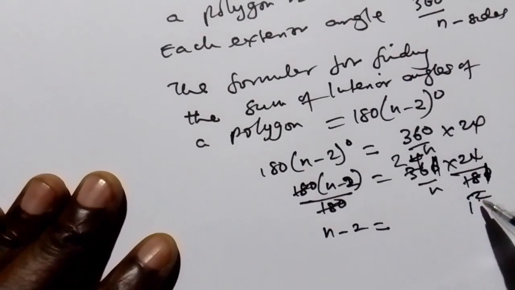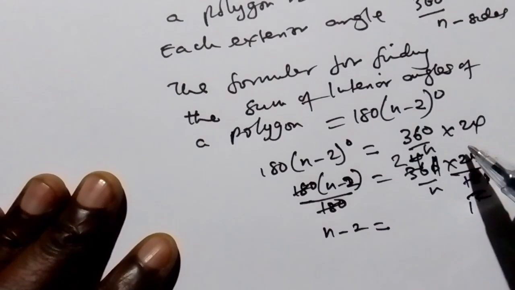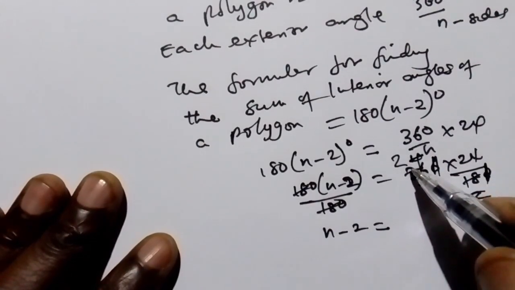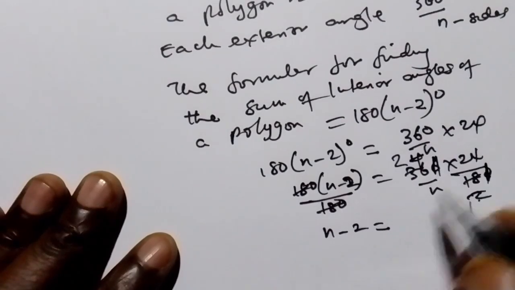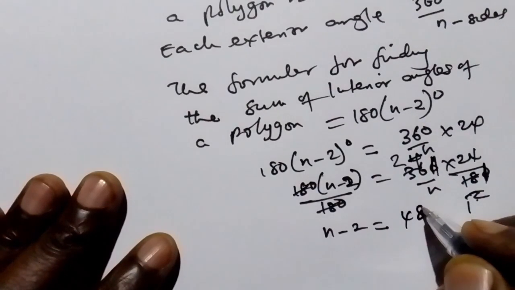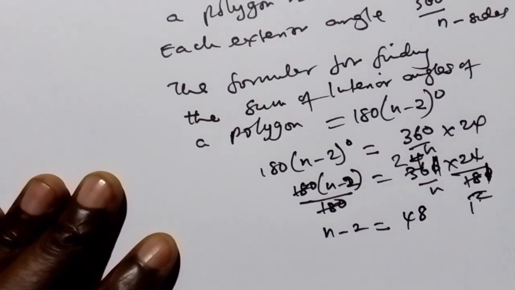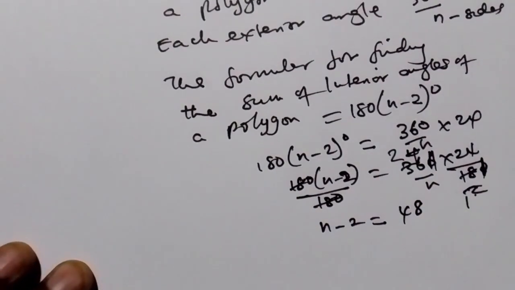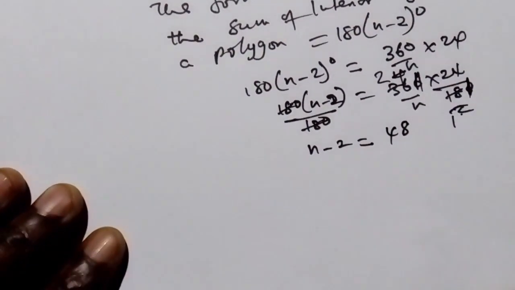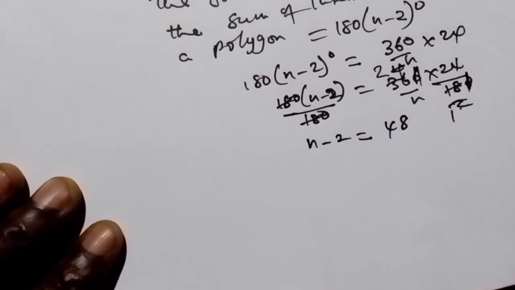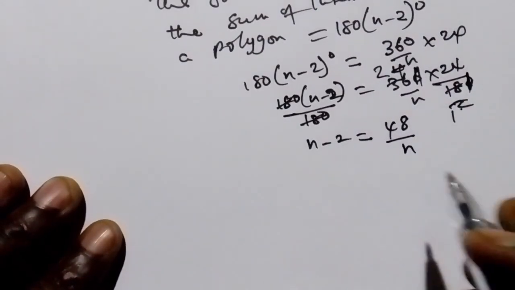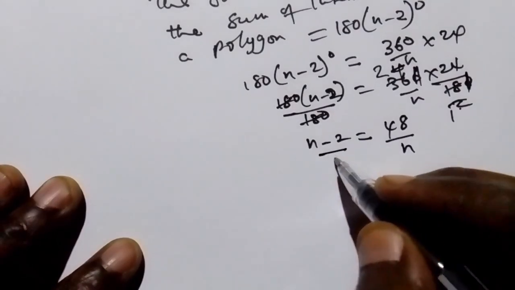Then 2 goes into 4 two times. So this is 2 times 24, which is equal to 48. And this is over n, so you can say that this is over 1.